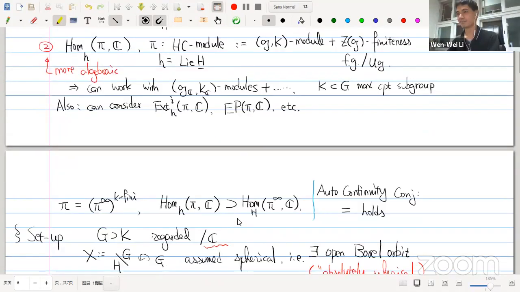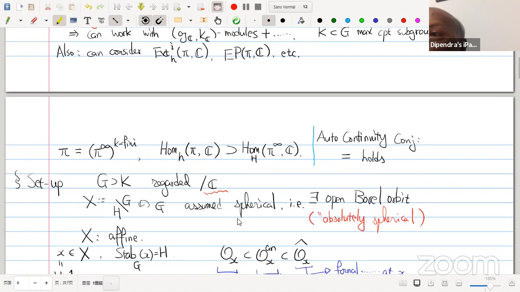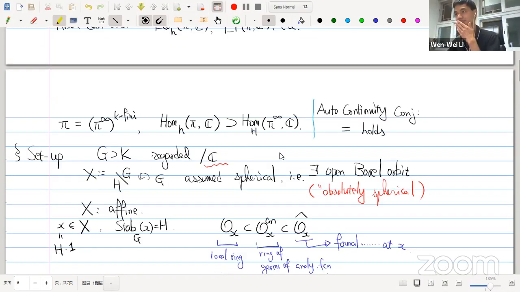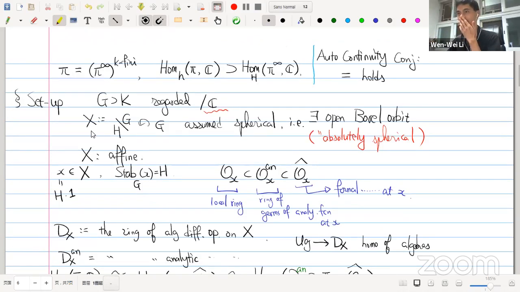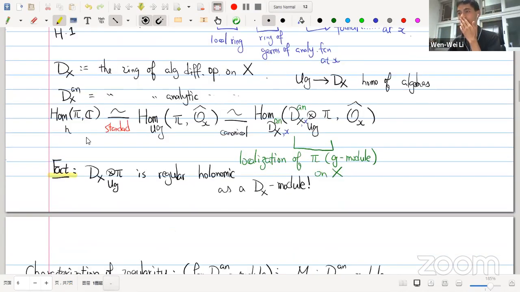By the way, the result I obtained has some remote connection to automatic continuity.